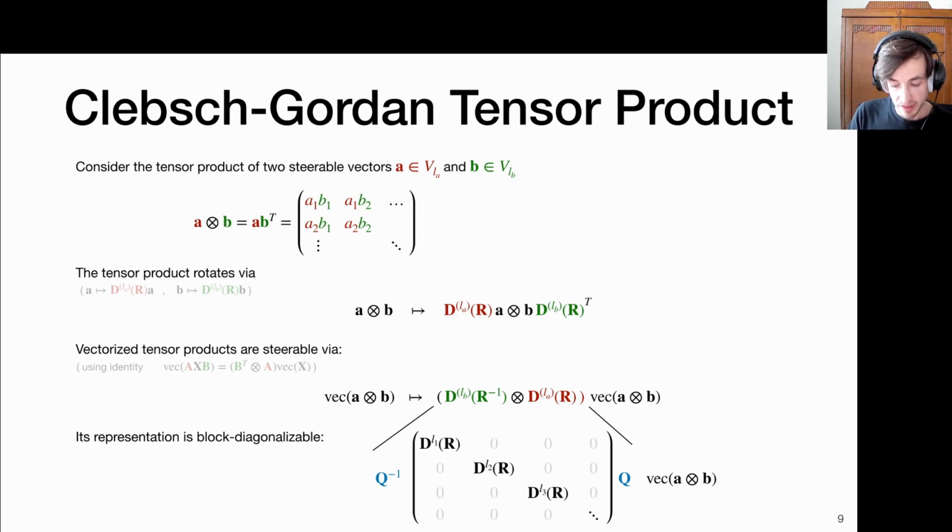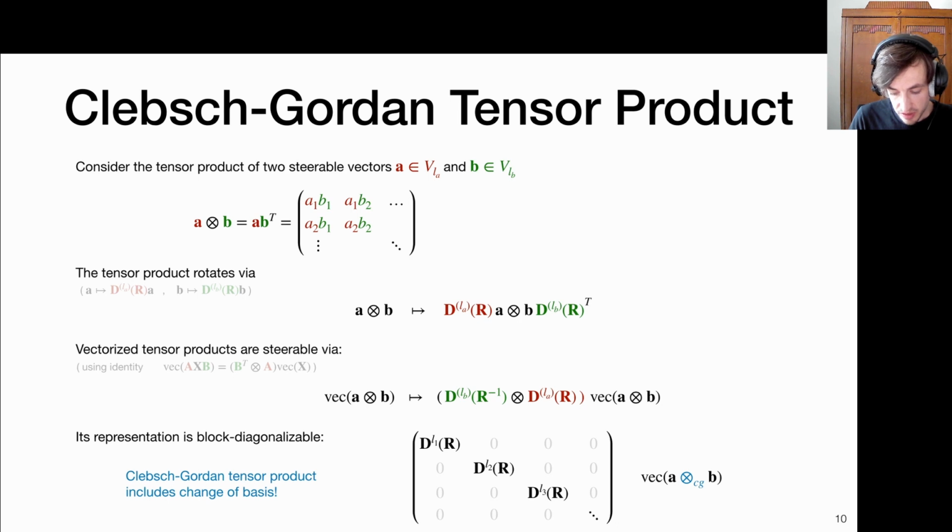But the idea here is that this tensor product is an equivariant mapping, meaning that we also have a representation on the output of this operation, and we can write this representation in block diagonal form, in this convenient form. And now that is precisely what the Clebsch-Gordan tensor product does for us. So this change of basis, these Q's that you just saw, are merged inside the definition of this Clebsch-Gordan tensor product.